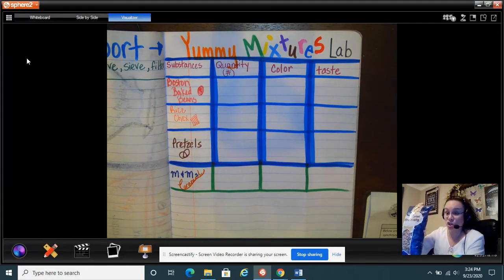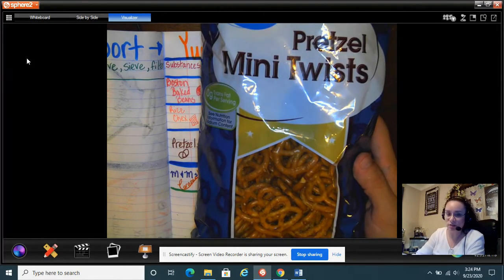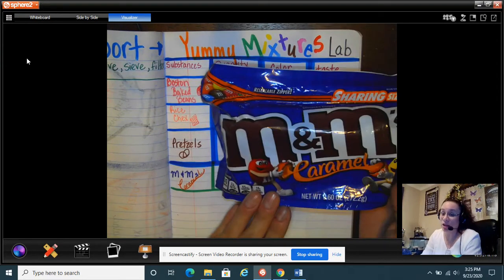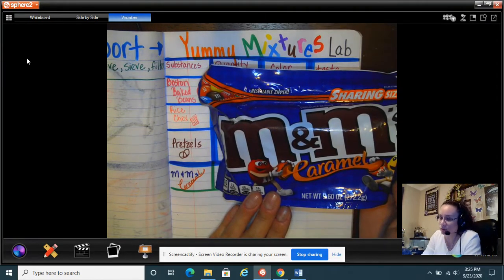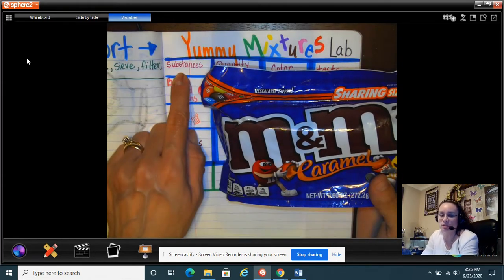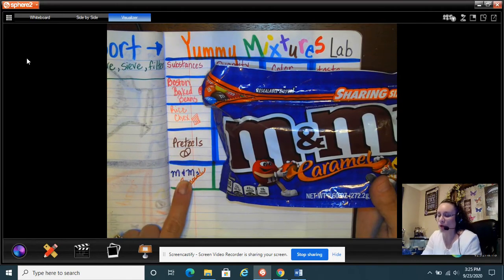This also is cheap and a lot. They fill up with all the Rice Chex and the pretzels. And then I have an extra one, which is M&M caramel. So I'm going to use all of these favorite snacks. I'm going to call them substances. That's why I have substances up here. So if you know your favorite snack and what you're going to do, write them in.